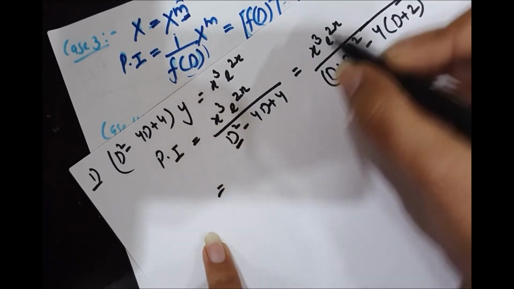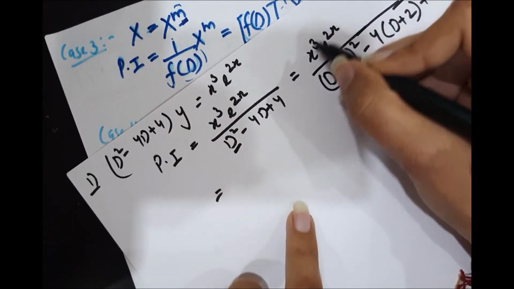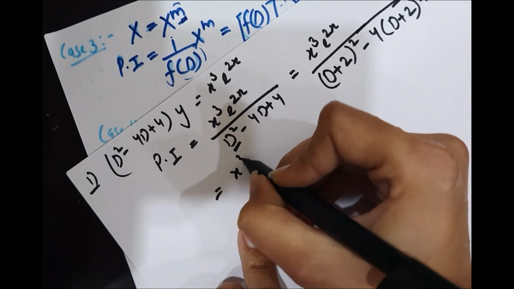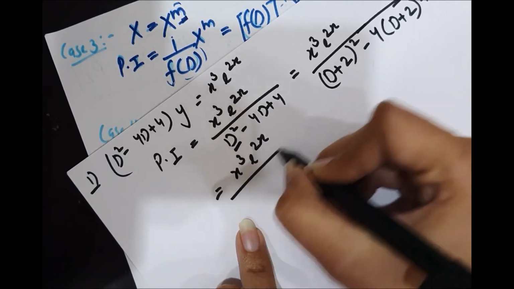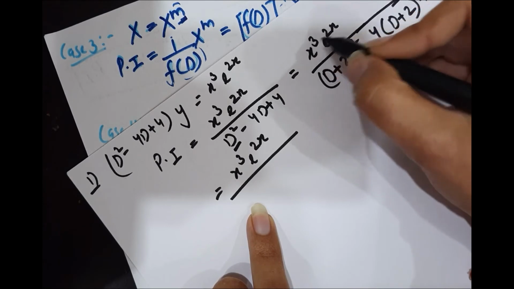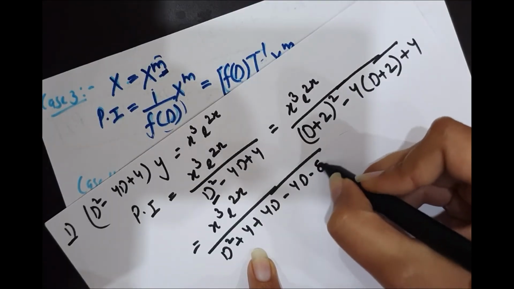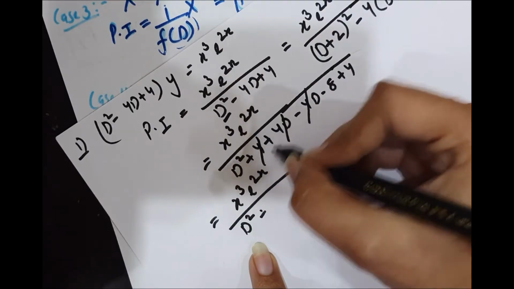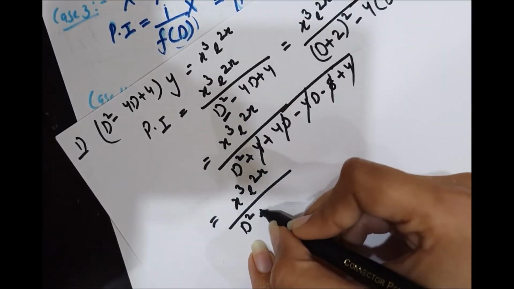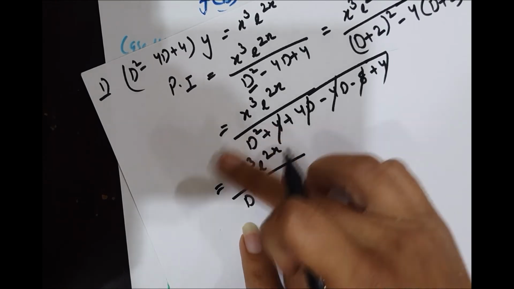Now solve this and this numerator will remain as it is. This is when any variable is there with this exponential part. Now solve it. Now we are left with this part.